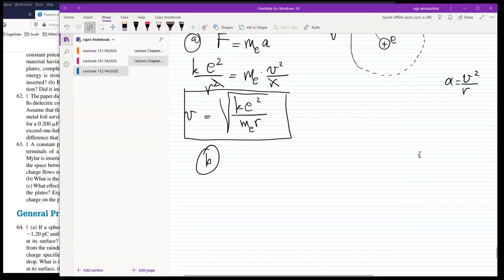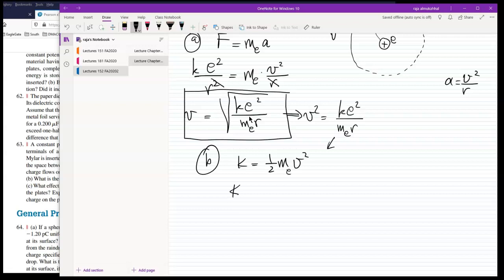Well, I know that the kinetic energy in general is equal to 1/2 mv squared, where m is the mass of the electron. Well, I just found v right here. So if I take this v and square it, it's just going to be the same expression without the root. So v squared is ke squared over m sub e r. So I'm going to put it right there.